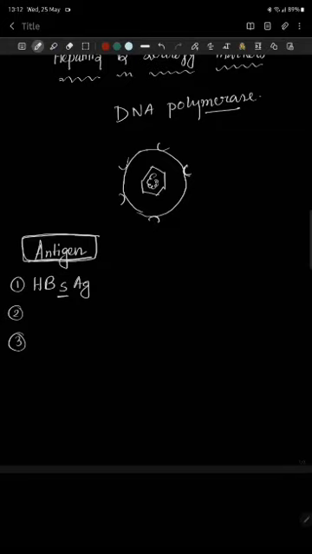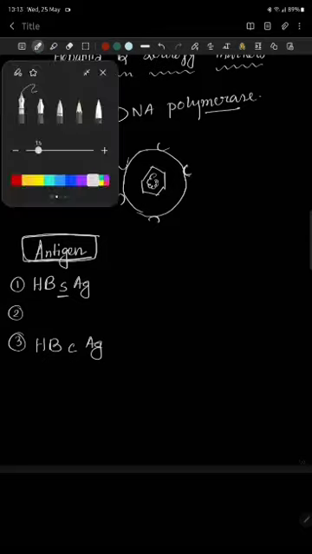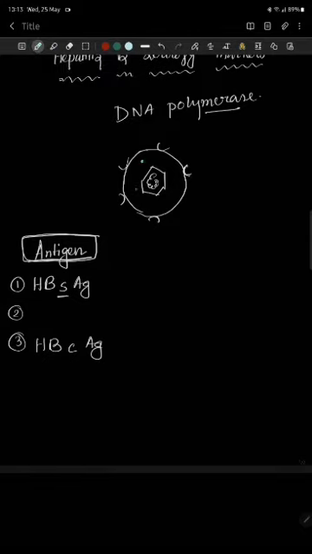I'm going to leave the second antigen for now. The third antigen is the core antigen, C for core, so hepatitis B core antigen. Now I am going to add some color. This green color is for hepatitis B E antigen.